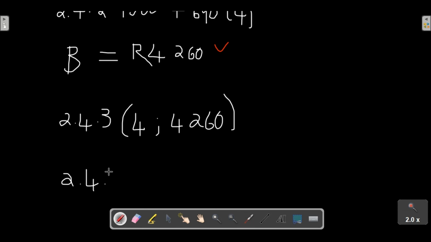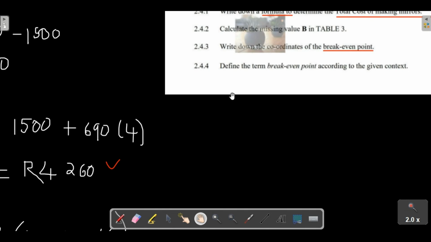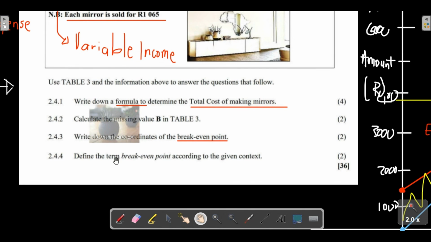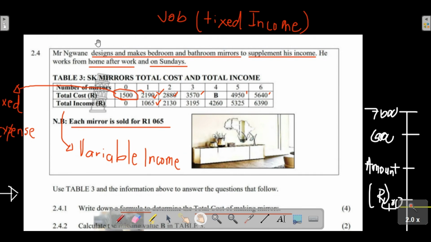And the last question, 2.4.4, says define the term break-even point according to the given context. According to this context, the break-even point is a point where the total income received from selling mirrors and the total cost of making mirrors is the same.